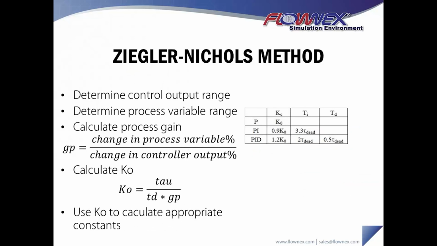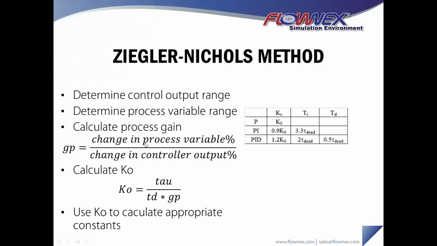After this, you need to determine your process gain. For this, you need to determine your control output range and your process variable range. Using these, you can determine the change in process variable as a percentage, the change in control output as a percentage, and divide these two to give you your process gain.